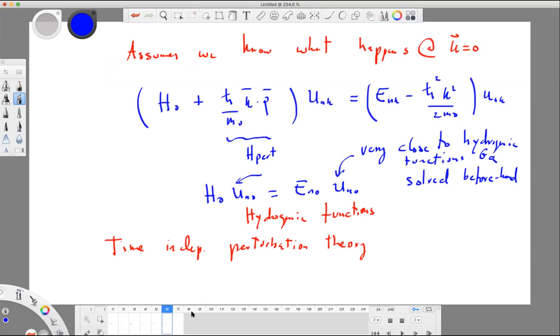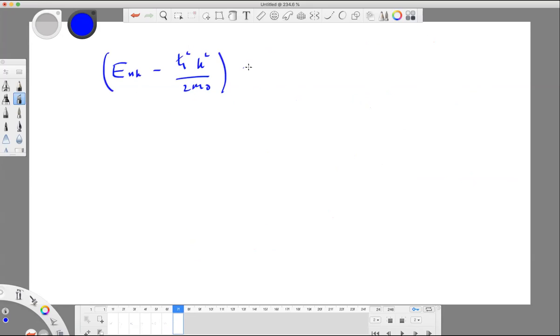Okay, it is going to be equal to, as a first approximation of course, E_n0, which is the k equals to 0 value. Okay, this is the energy at k equals to 0. And then we're going to have a first term, which is going to be proportional to k.